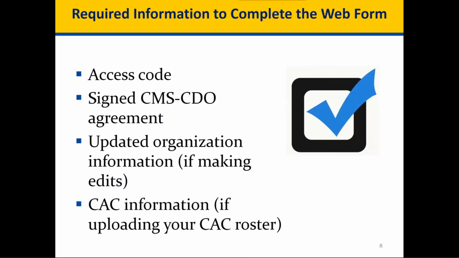If you are updating your organization's information, make sure you have all of the information needed to complete your updates in one session. If you are uploading your CAC's information for your CAC roster, make sure you have their full name, email address, and CAC ID.